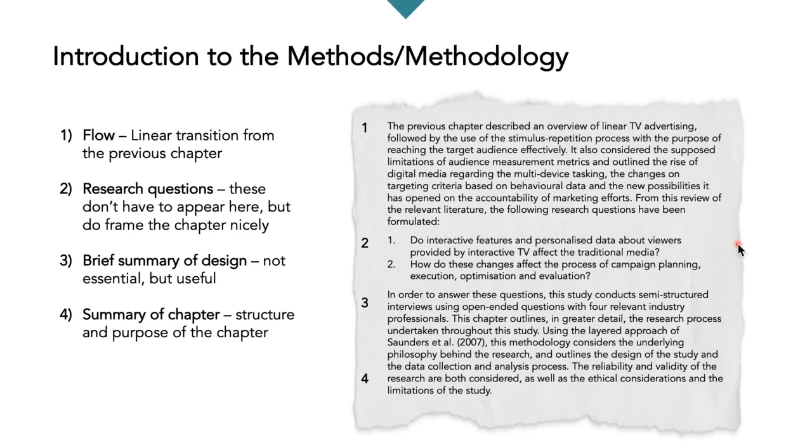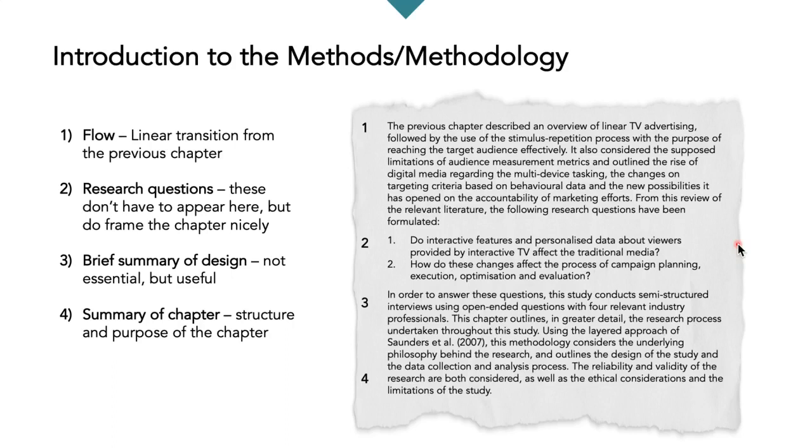And this chapter is about explaining to the reader what measures were taken, what decisions were taken in order to cultivate that knowledge, in order to answer these questions. So it frames the chapter really nicely when you put the questions that you're trying to answer at the beginning of this chapter, and it really helps to focus your reader's attention on those 2 questions.